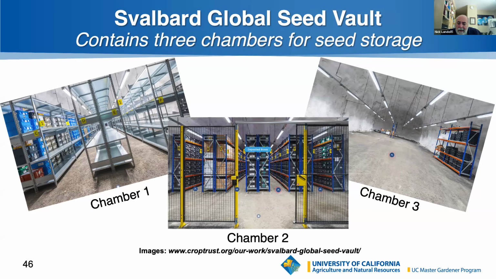For reasons unclear to me, they started storing samples in Chamber 2, which is now at capacity. Current samples are going into Chamber 1, and Chamber 3 is awaiting the collection's expansion.